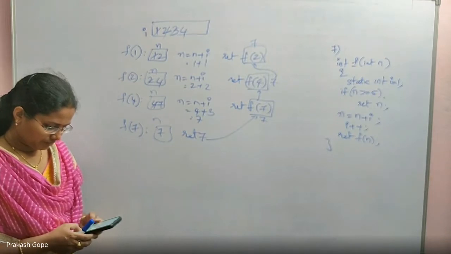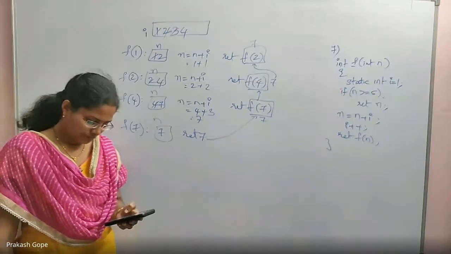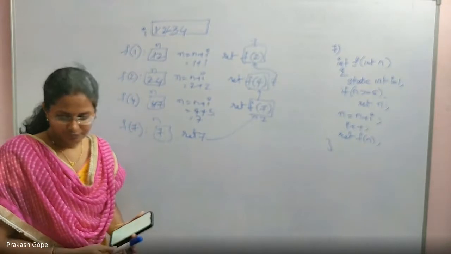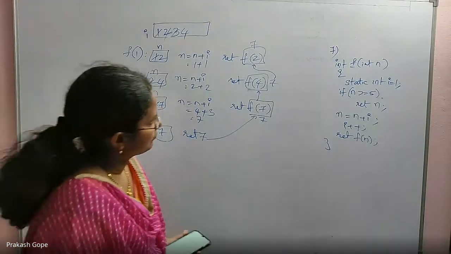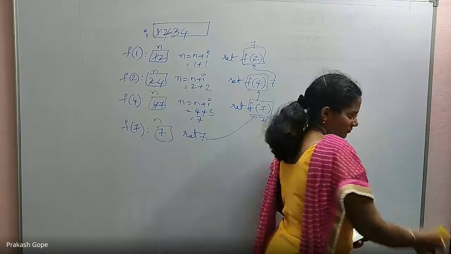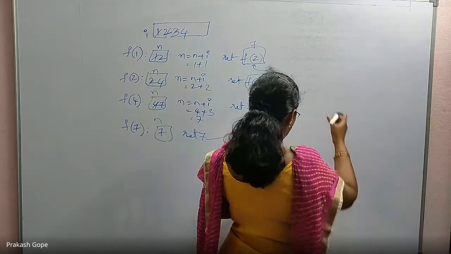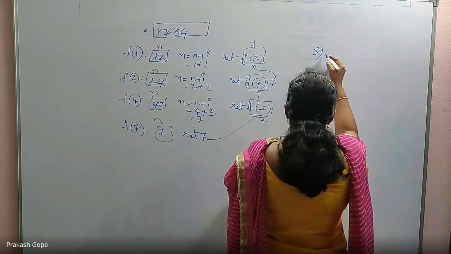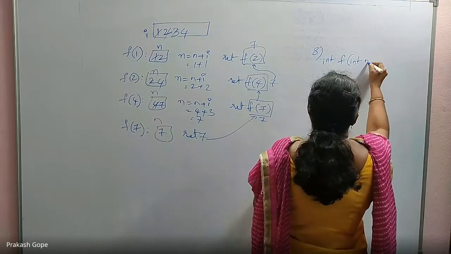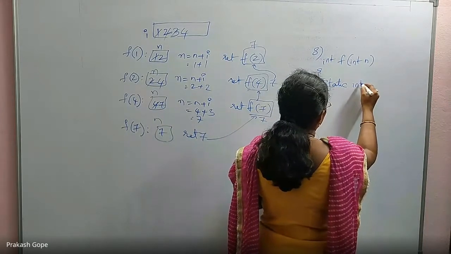Question number 8. Consider the following C function. What is the value of f of 5? Int f of int n. Static variable is there: static int r is equal to 0.